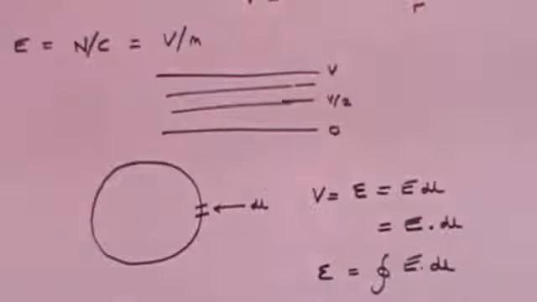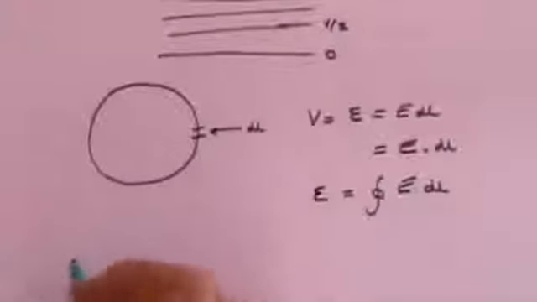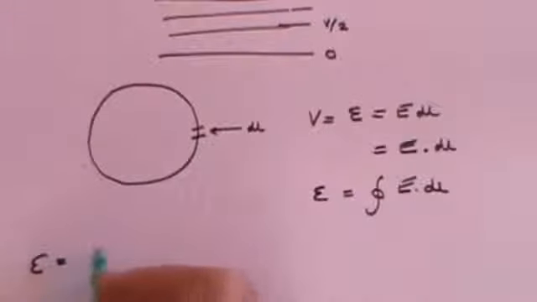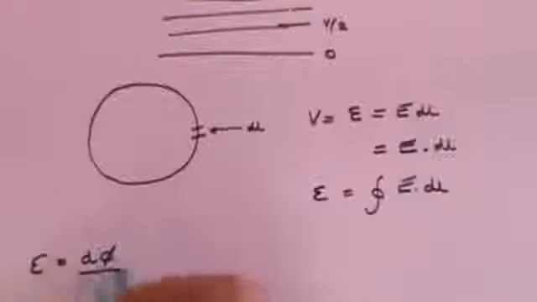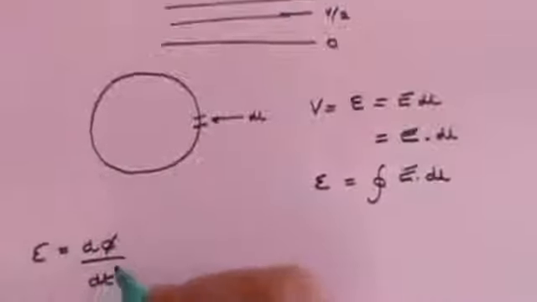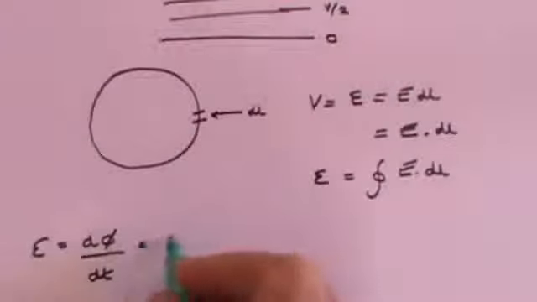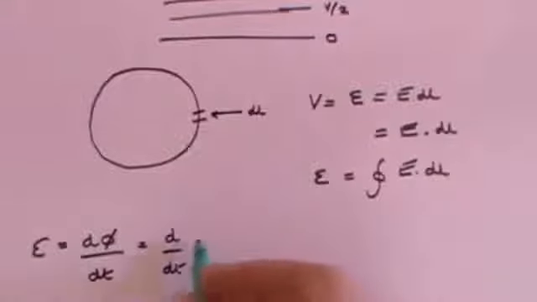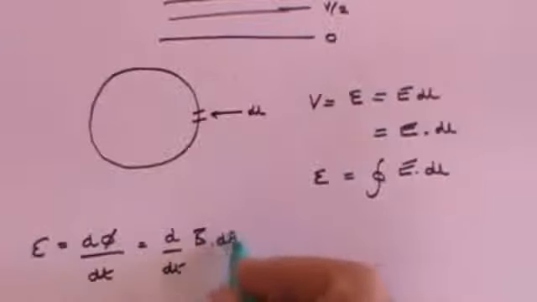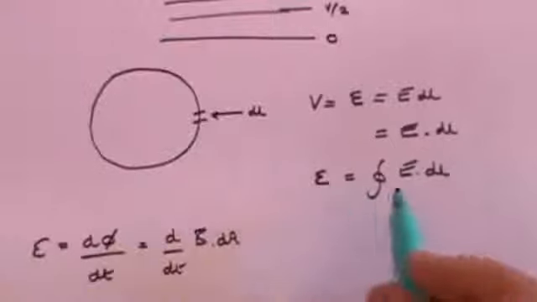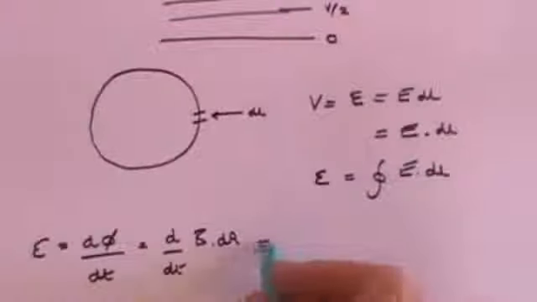And now, having done that excursion, we can go back to the equation we derived before, where we said that the total EMF is equal to the rate of change of flux, and we said that that was the same as the rate of change of B dot dA, but we've just said that the EMF is also the integral of E dot dl.